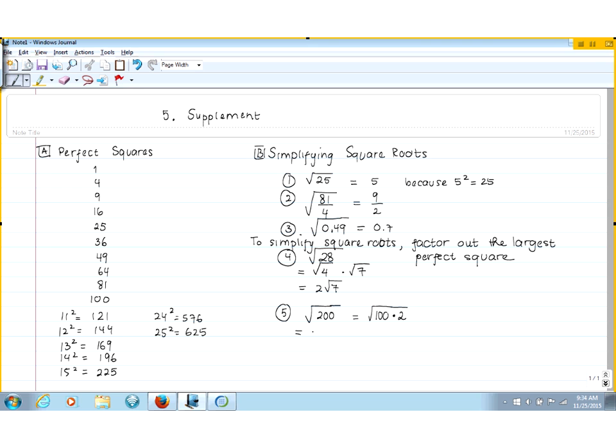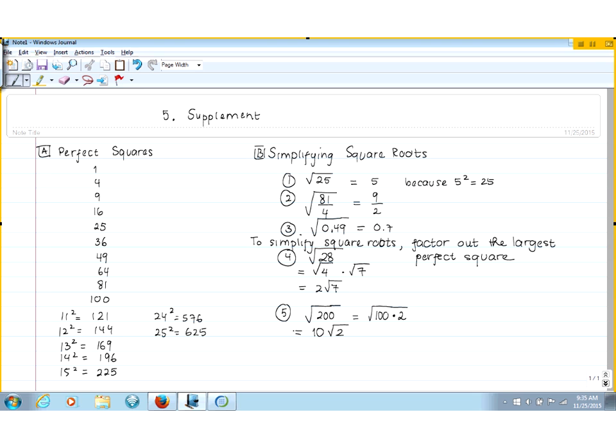What is the square root of 100? 10. What is the square root of 2? Well, 2 is not a perfect square, so it just has to be the square root of 2. The 2 still has to stay inside the square root. The 100 can get out. When it gets out, it becomes 10. So the square root of 200 is 10 square root of 2.